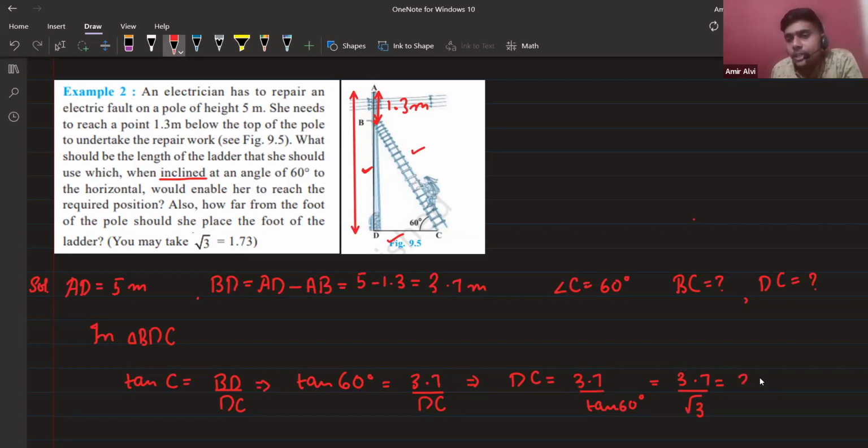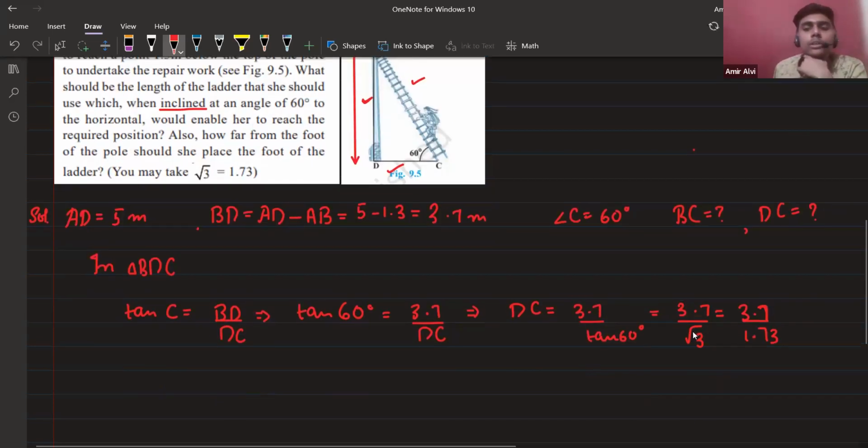So DC is 3.7 divided by 1.73, which is not 4.28. It will be approximately equal to 2.1 or 2.2, it's up to you.